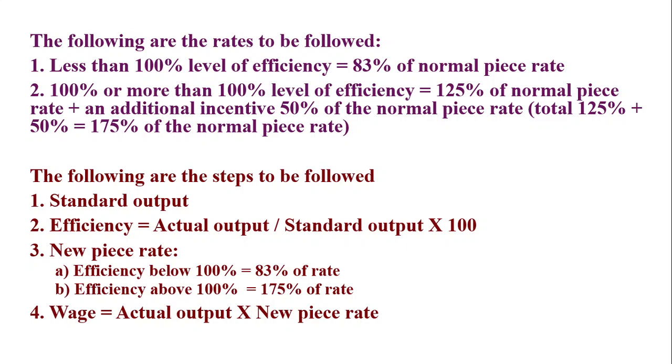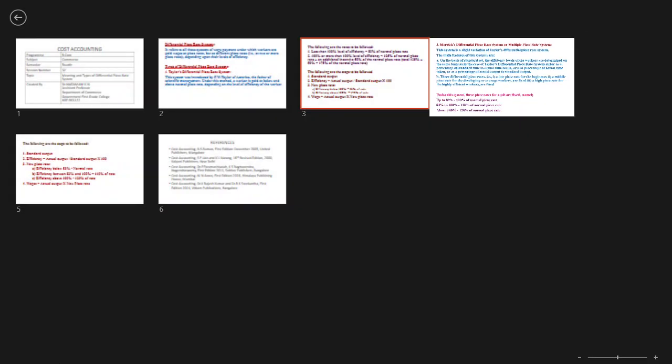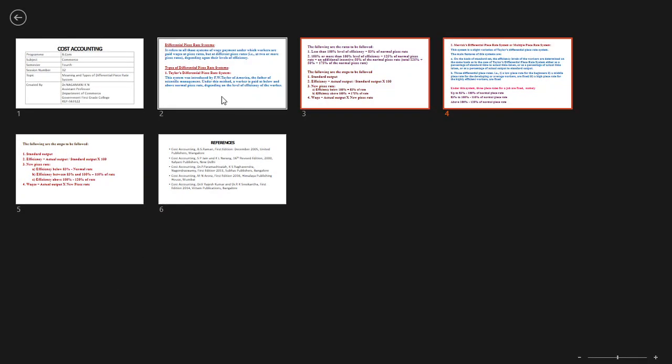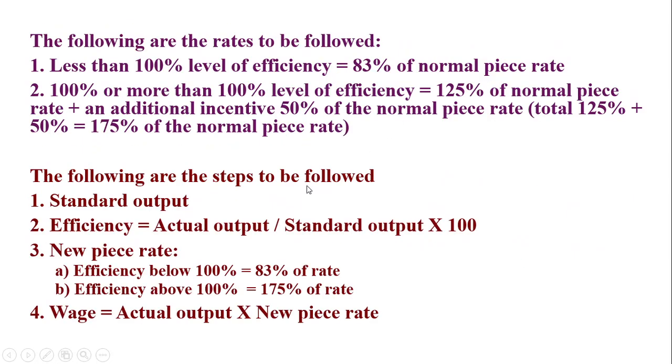Next, how to calculate the wages under Taylor's differential piece rate system? We need to follow 4 steps. The first step is to see whether the standard output is given in the problem or not. If it is given, we can directly take it.